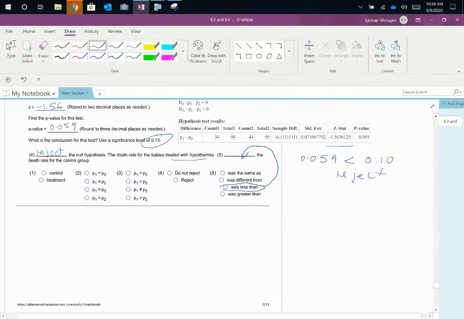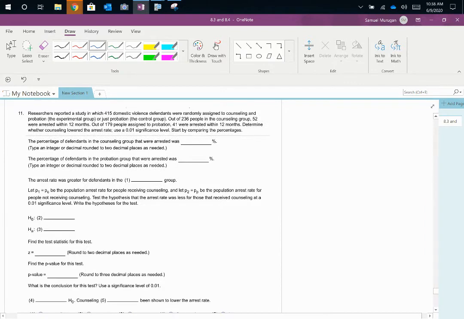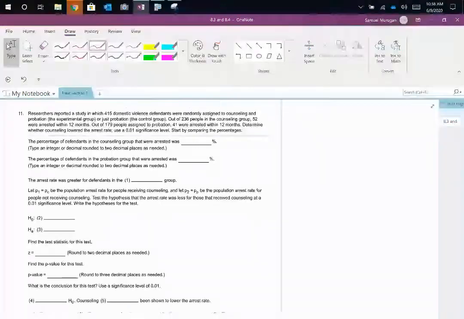All right, question 11. And you can see the pattern in these problems, yeah? Researchers study a report in which 415 domestic violence defendants were randomly assigned to counseling and probation, the experimental group, or just probation, the control group. Out of 236 people in the counseling group, 52 were arrested within 12 months.